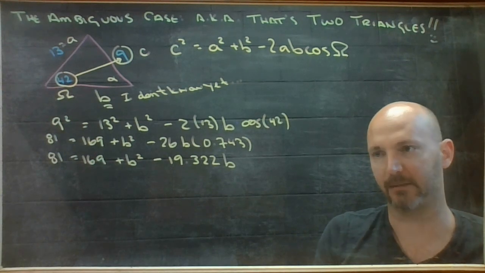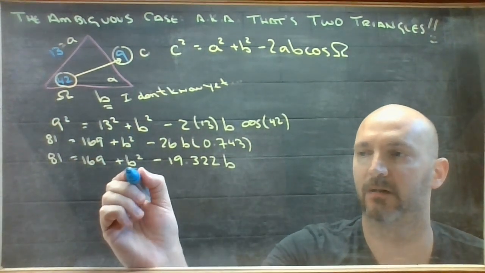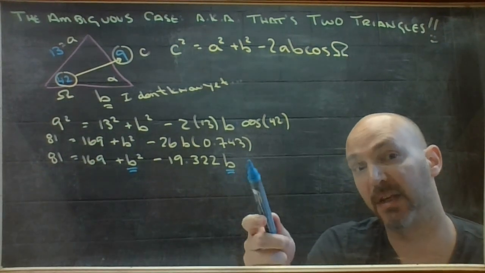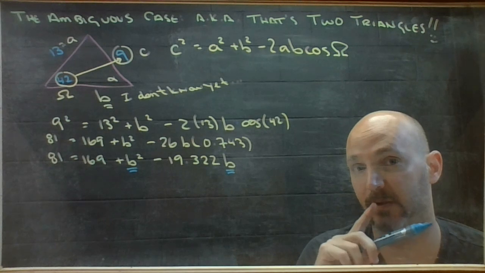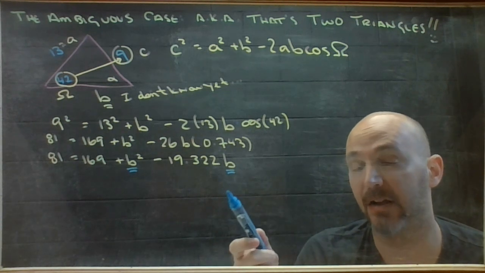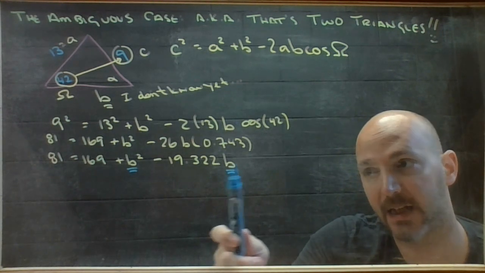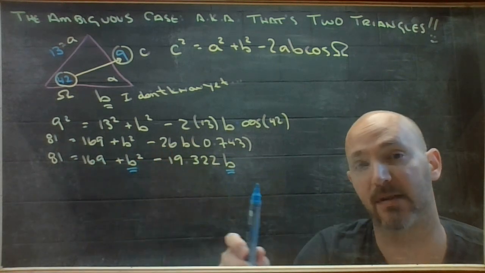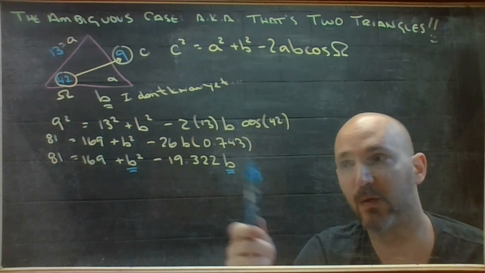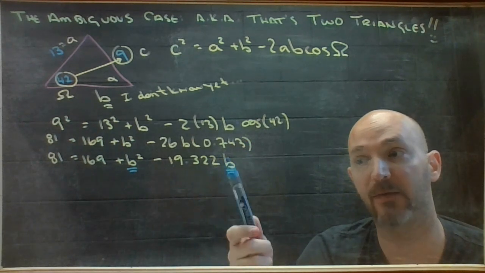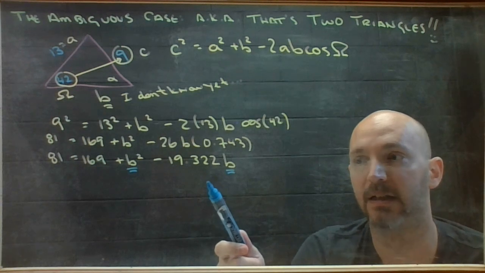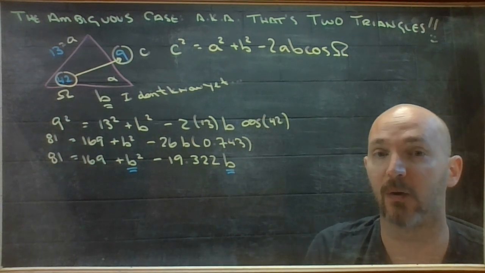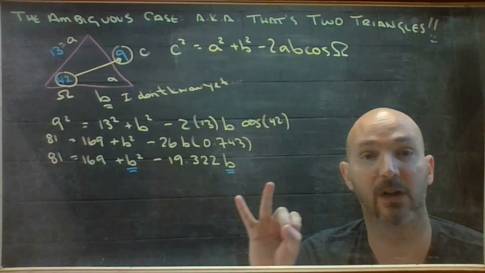All right, now this equation has a b and a b squared in it. It means it's not linear algebra anymore. As soon as you have a thing and that same thing squared combined with addition and subtraction, you can't just move stuff over to solve for b. You have to use some nonlinear techniques. And most likely, the only nonlinear techniques you know are either factoring or the quadratic formula.